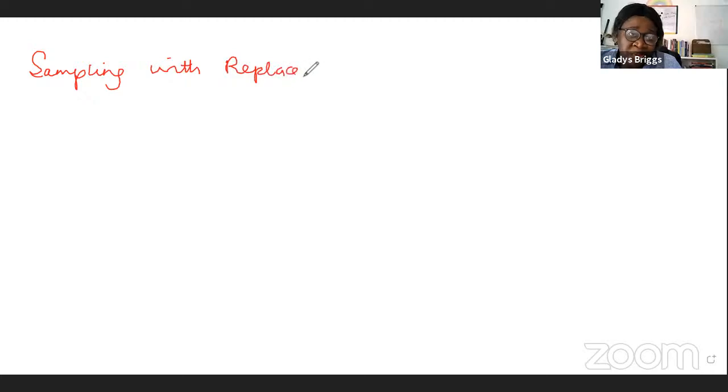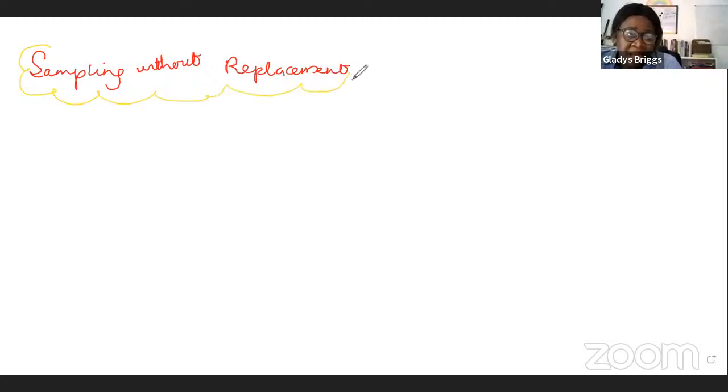So the first one we were doing was sampling with replacement. Now we have to look at sampling without replacement, yeah? So you take the bead out of the bag, you don't put it back in, you don't replace it.